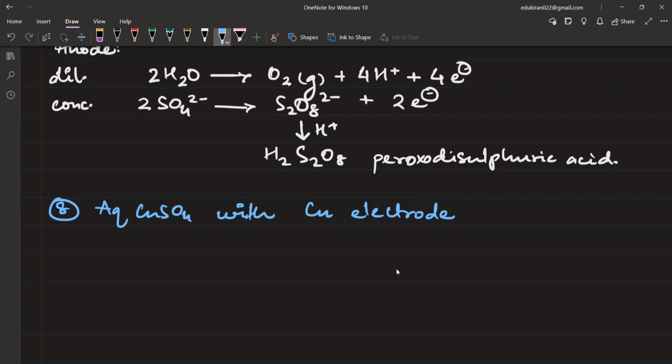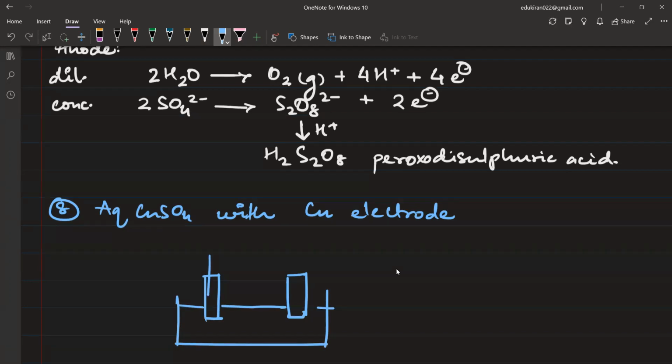Now, the copper rods are dipped inside CuSO4 solution. That means the copper rods are very much available to give the copper ions. It will give you the copper ions like this, Cu2+.